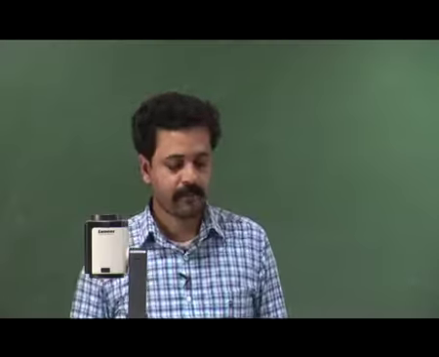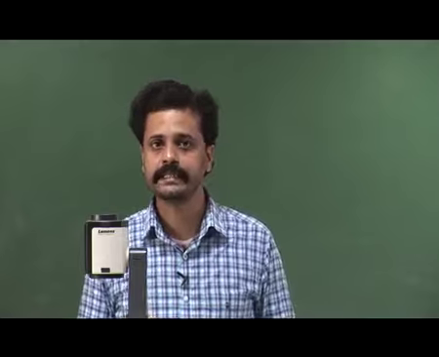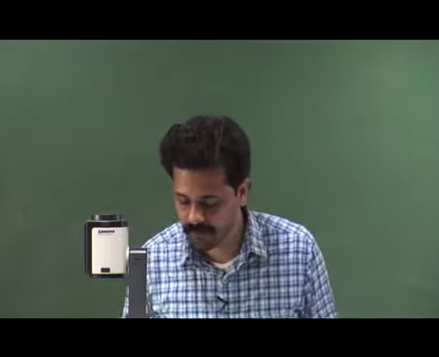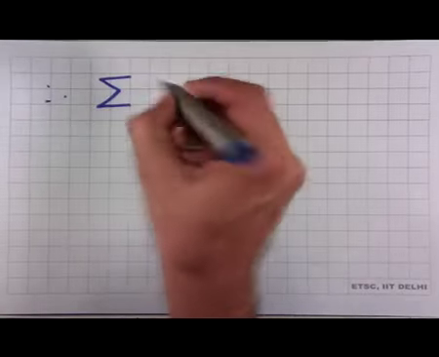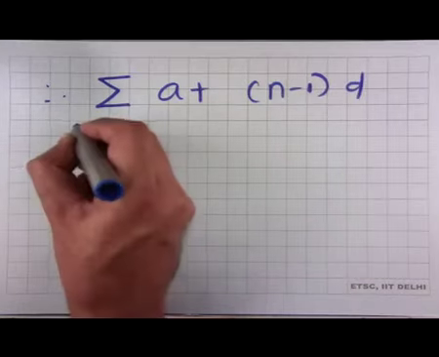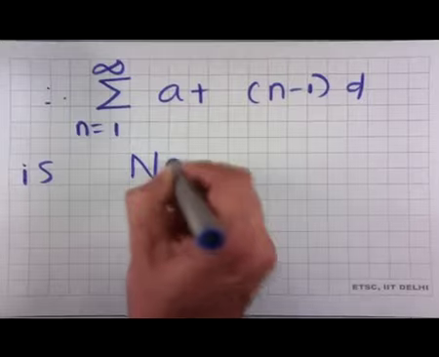Therefore, by the previous observation we had, the corresponding series is not summable. Therefore, summation of a plus n minus 1 d, n equal to 1 to infinity, is not convergent.